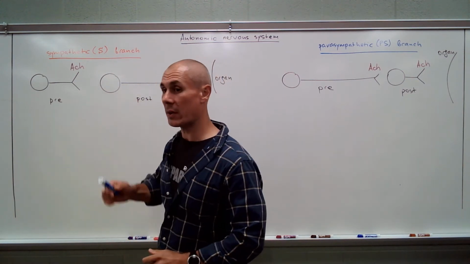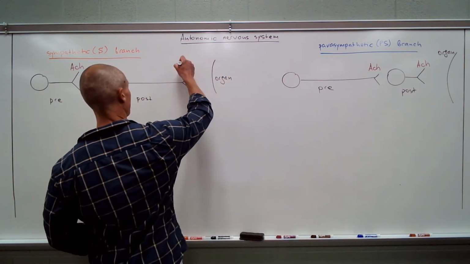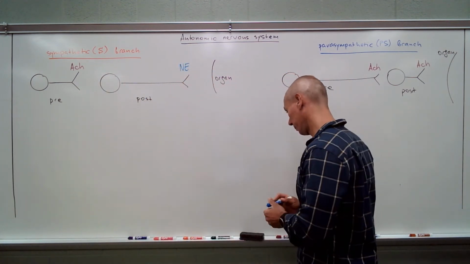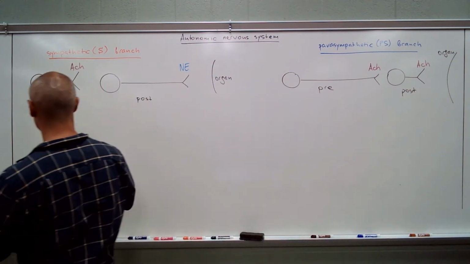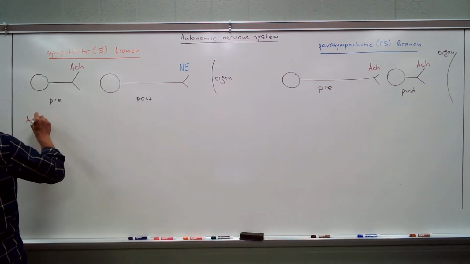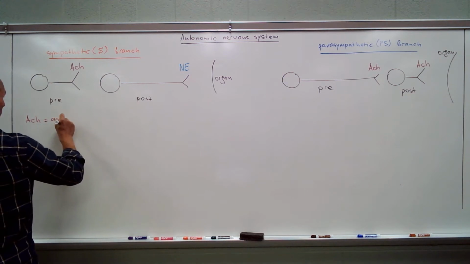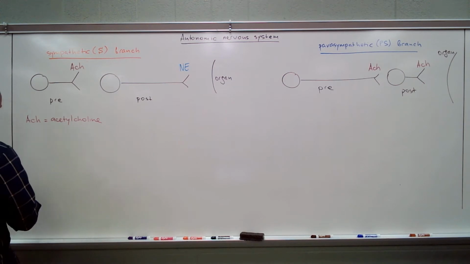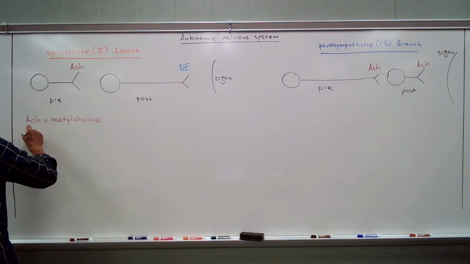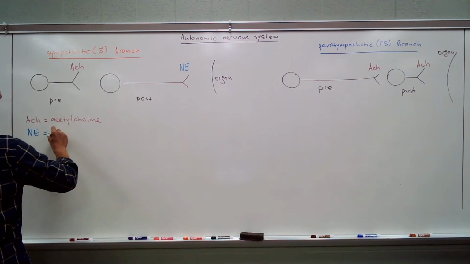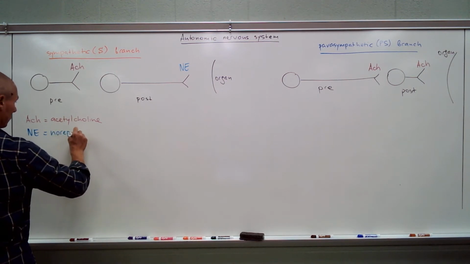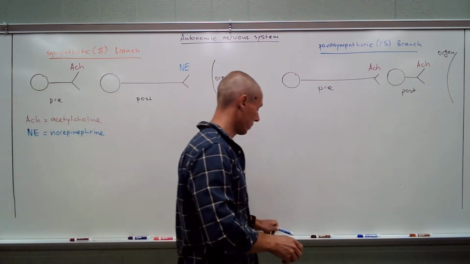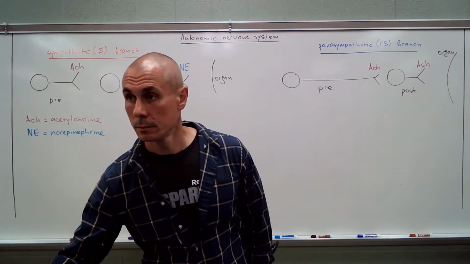Postganglionic fibers of sympathetic branch release norepinephrine. We're good? Okay.